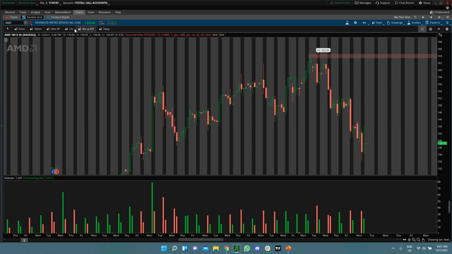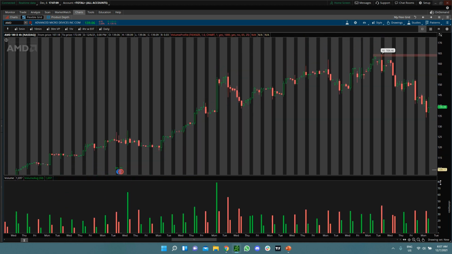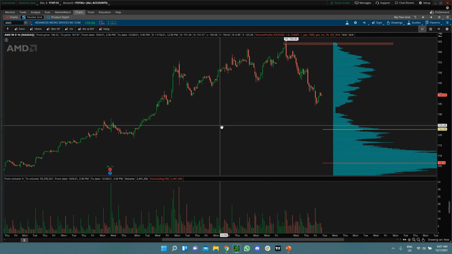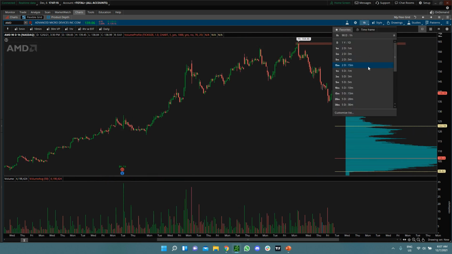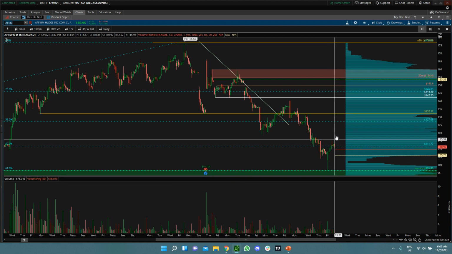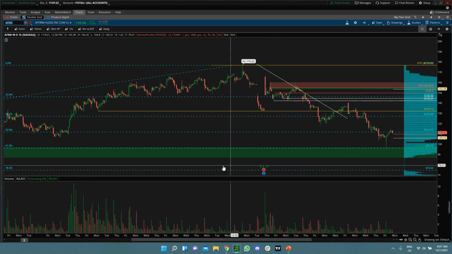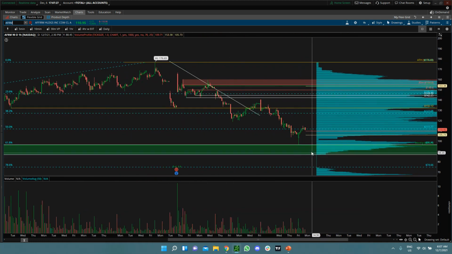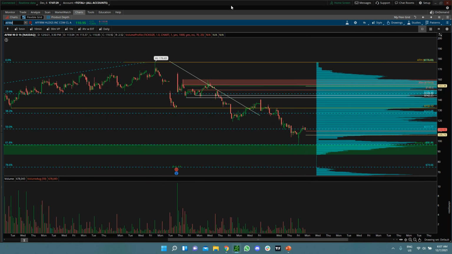So let me see, can we find any other zones? Not really. I guess there was one that was very interesting, AFRM, that I spotted today. Okay, this was a weekly zone spotted from here. Price tapped before rallying up again.